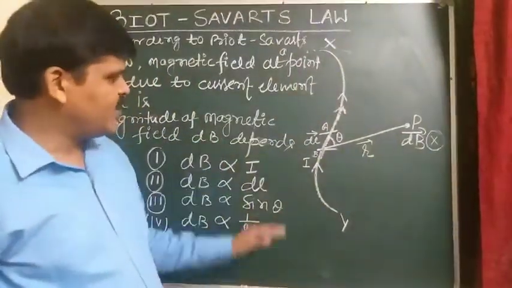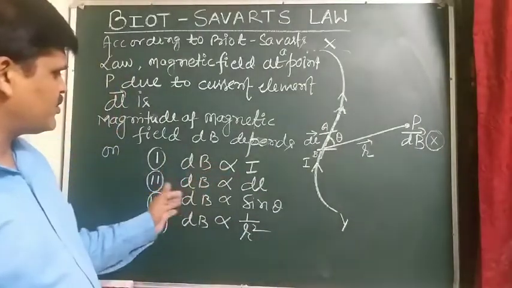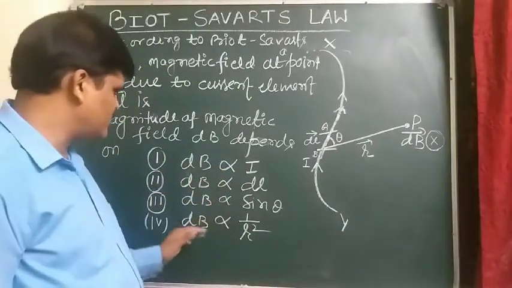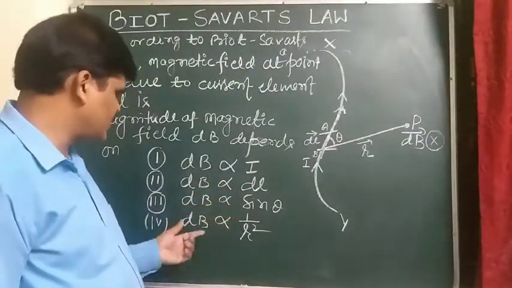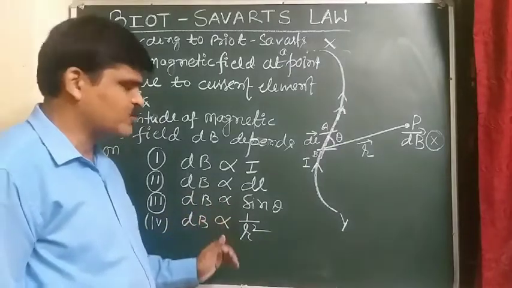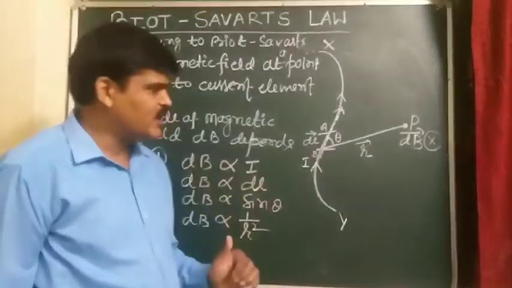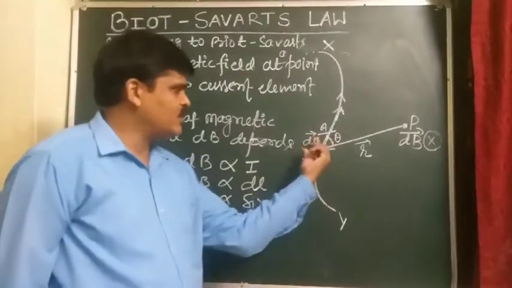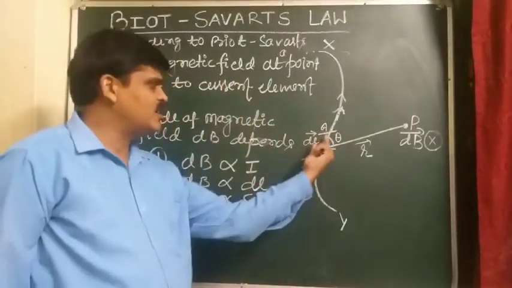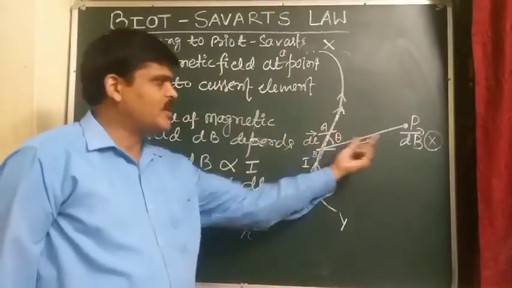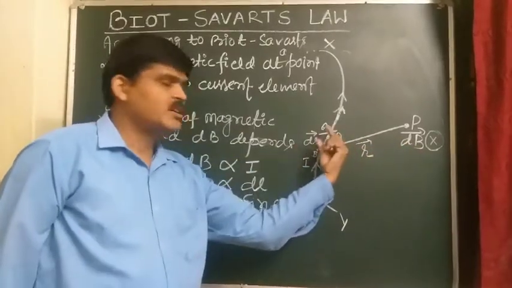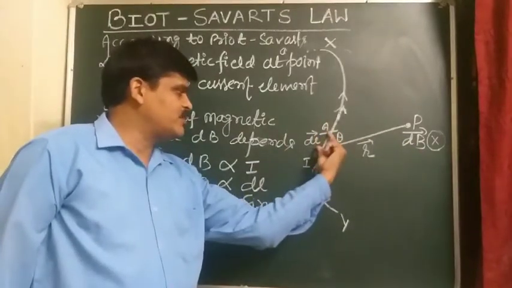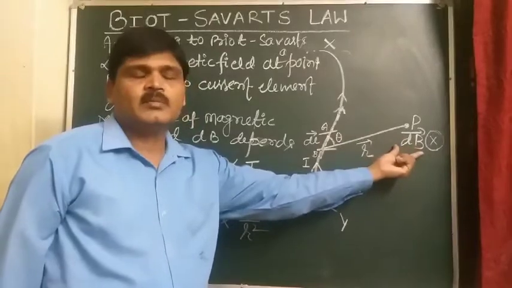So in combined way, dB is directly proportional to I, dB is directly proportional to dl, dB is directly proportional to sin theta, and dB is inversely proportional to 1 by r square. And because we have taken a small length element, a small current element, here a small magnetic field is produced.